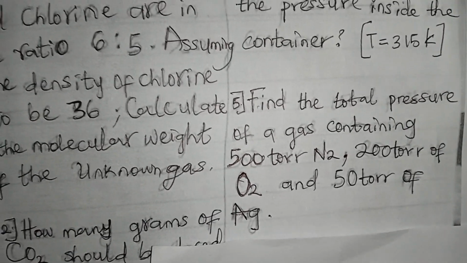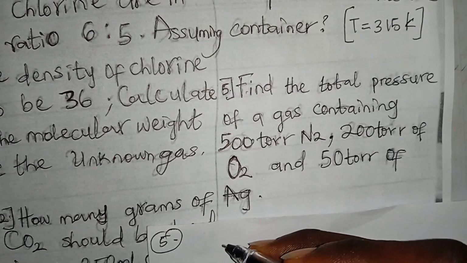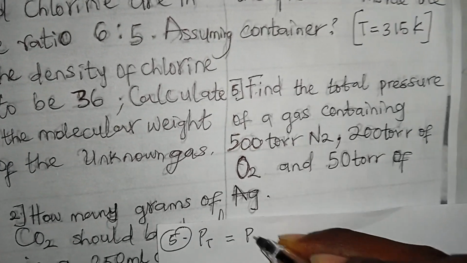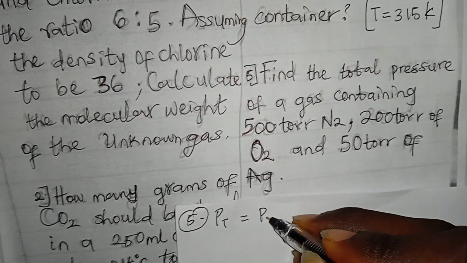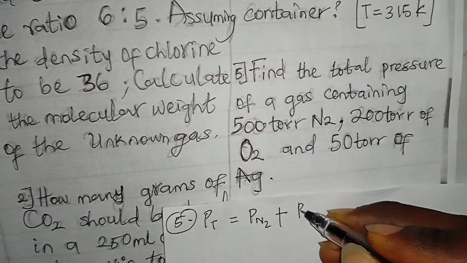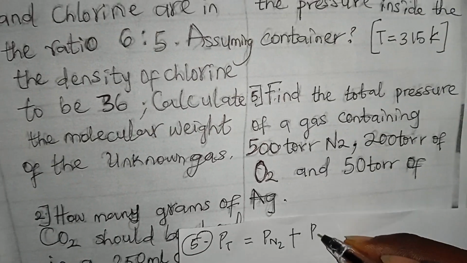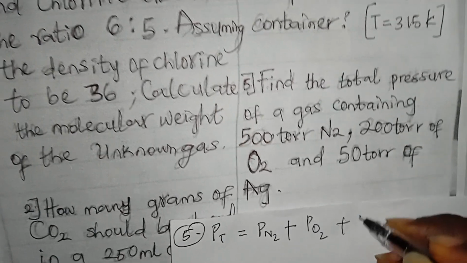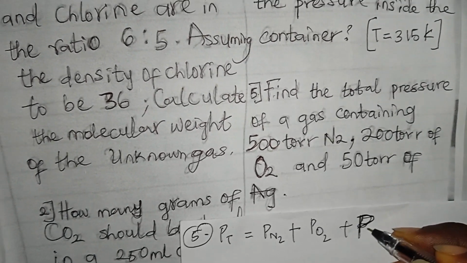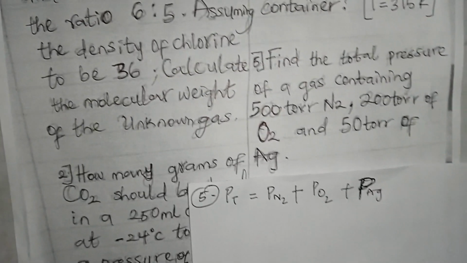Now the fifth question says find the total pressure of a gas containing 500 torr of nitrogen gas, then 200 torr of oxygen gas, then 50 torr of argon, Ag.